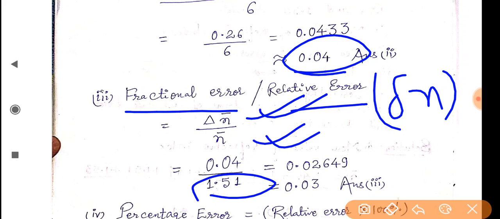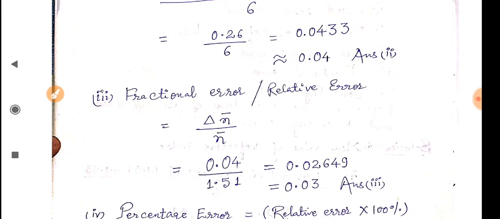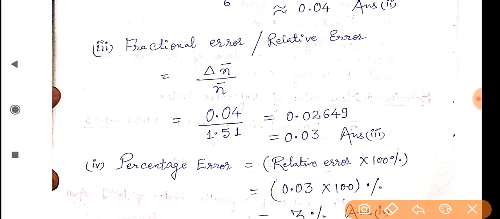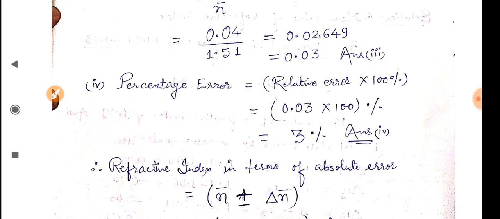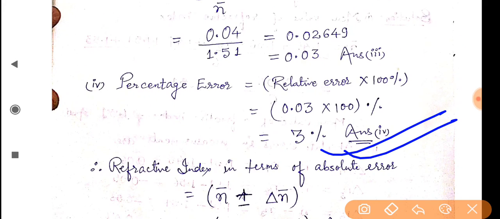That means final error divided by original value, that means true value. So you will get 0.03 as a result. Now if you convert it into a percentage value by multiplying the given value by 100, you will get 3% as the percentage error.